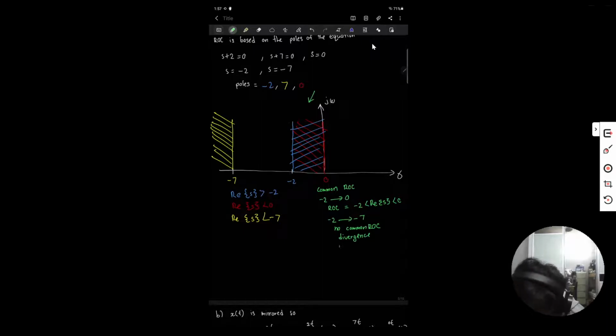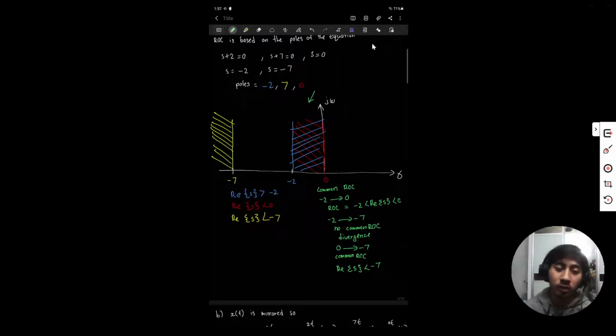Next, if we look at 0 to -7, we will get a common ROC of -7. This is because based on the properties of ROC, if we have two left-sided poles, we will take the furthest to the left of the poles, which is -7 for this instance.